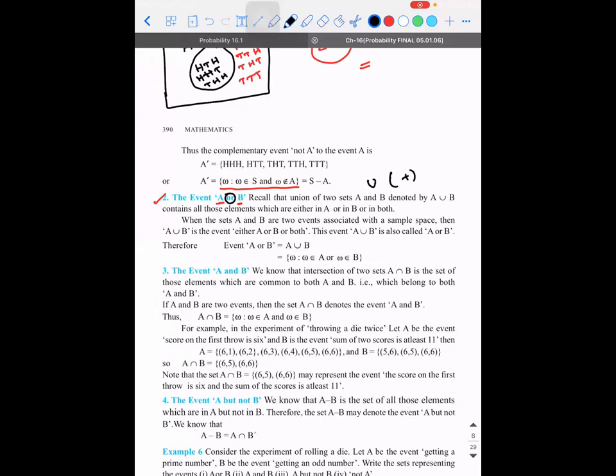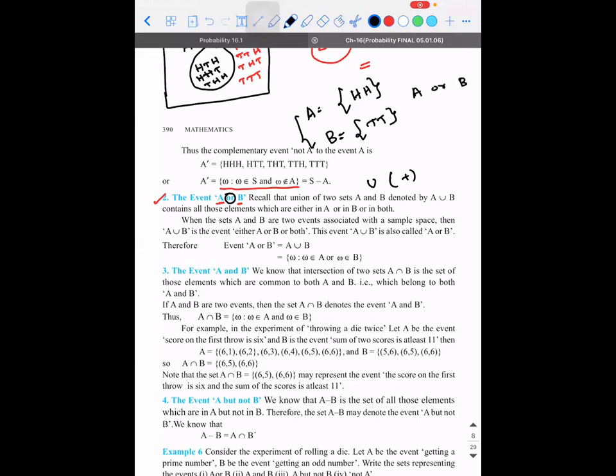So the meaning of it is, if I have an event A of getting 2 heads, and an event B of getting 2 tails, I'm just taking a random example. These are the 2 sample points that have come from tossing 2 coins. If I ask you what is the event A or B, what will you write?